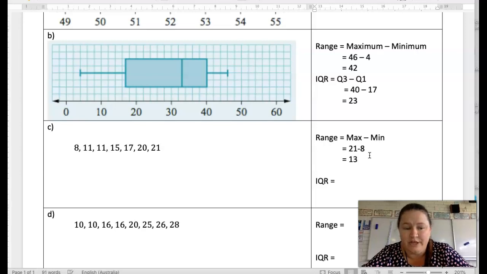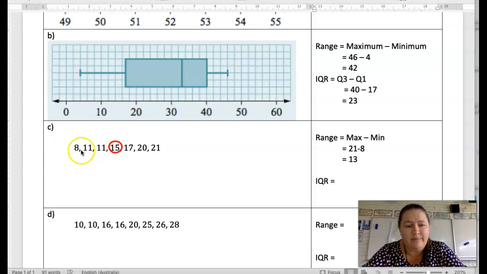Now the interquartile range. First of all, we have to work out our quartiles. Remembering the quartiles, we first need to find the median, and then we find halfway of the bottom half and halfway of the top half. The median of this one's quite easy to see. It will be 15.